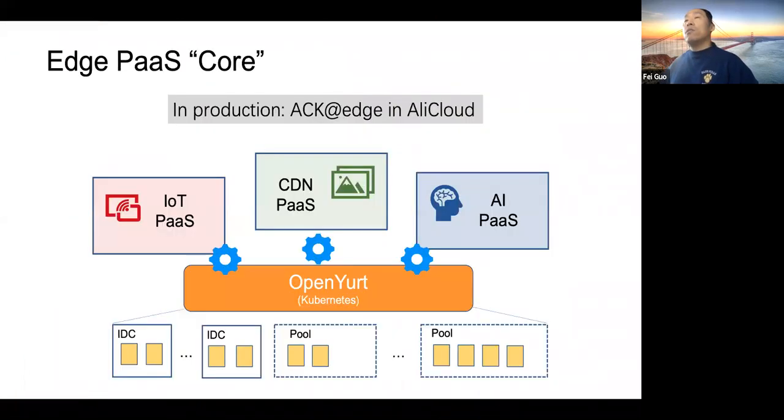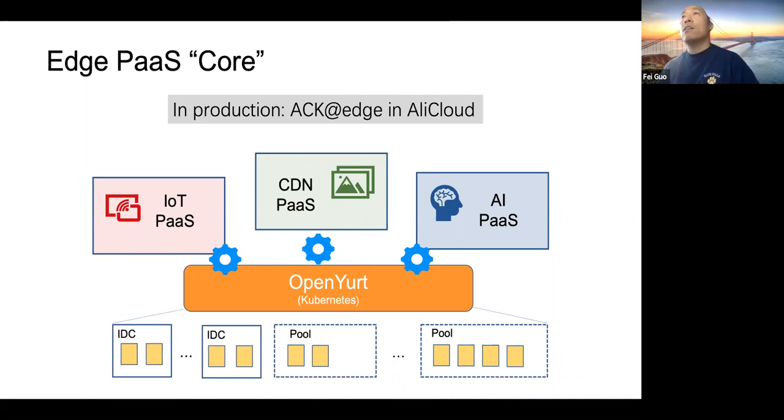For the use case, currently OpenYurt is in production. It is the core component of ACK, the Alibaba Cloud Kubernetes at Edge product in Alibaba Cloud. In the current use case, it serves as what I call a PaaS.